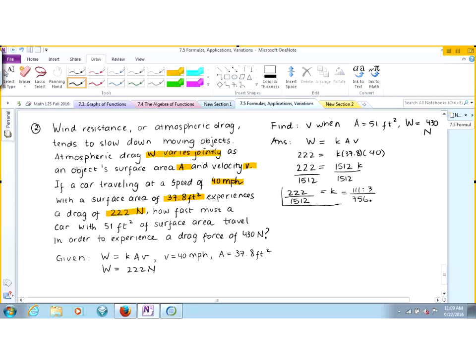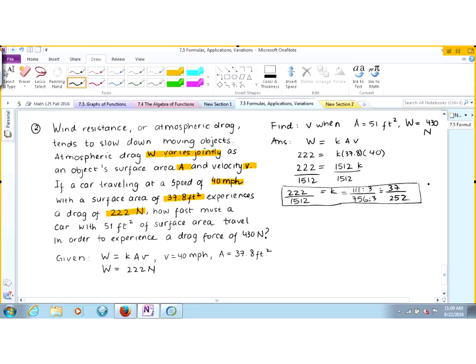Oh yeah, divided by 3. Still going. So what is 111 divided by 3? 37. Okay. And then it's 252. Can we make it smaller? No, right? I hope not. 37 is a prime, so your K is 37 over 252.